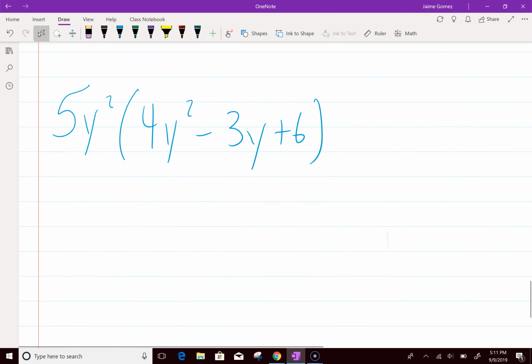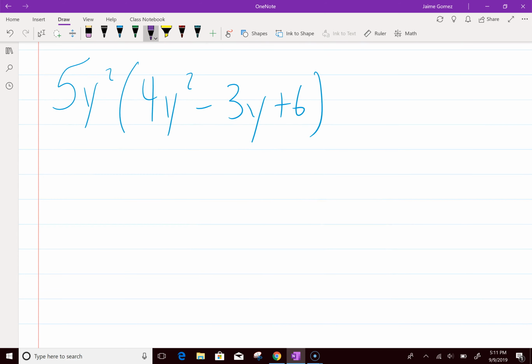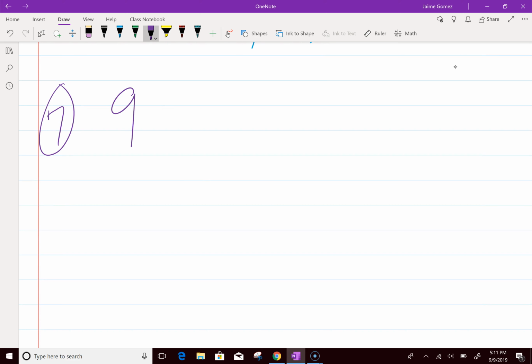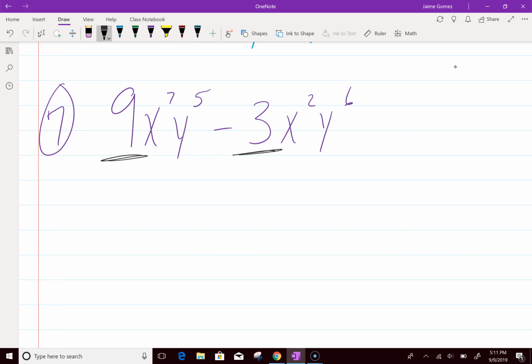Then our last example, number 7. Nine x to the 7, y to the 5, minus 3x squared, y to the 6. 9 and 3. What's the greatest common divisor? 3.